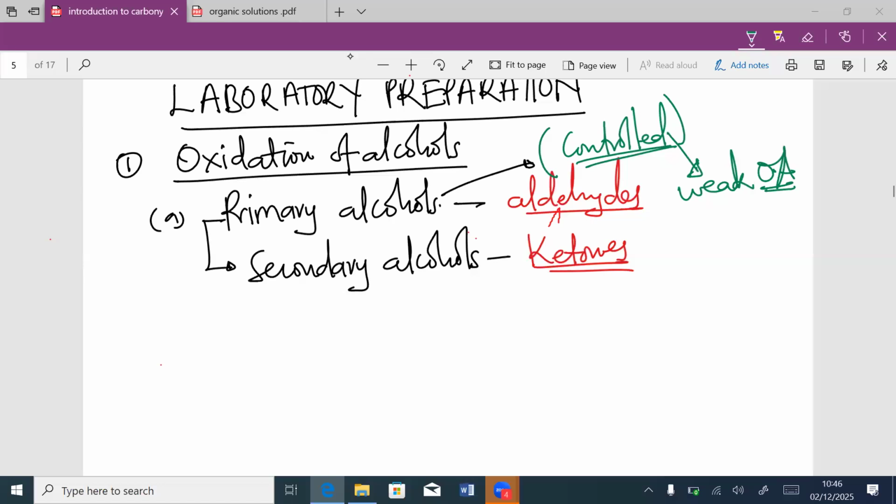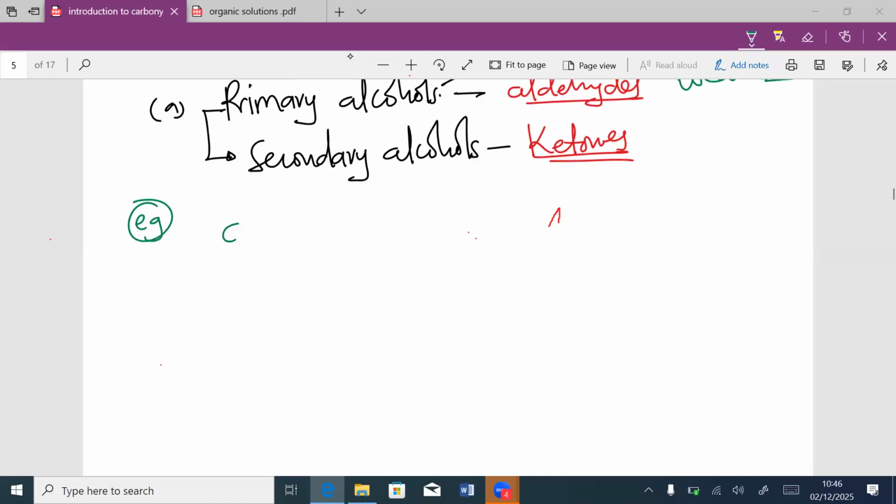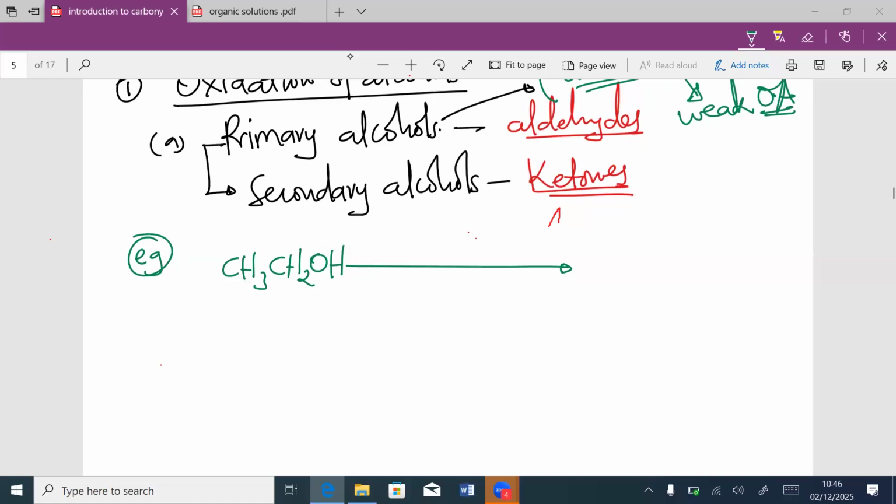They will all work. For example, for primary alcohols, I'm having CH3CH2OH. So I can use a weak oxidizing agent, which can be manganese(IV) oxide in the presence of an acid, then I heat.